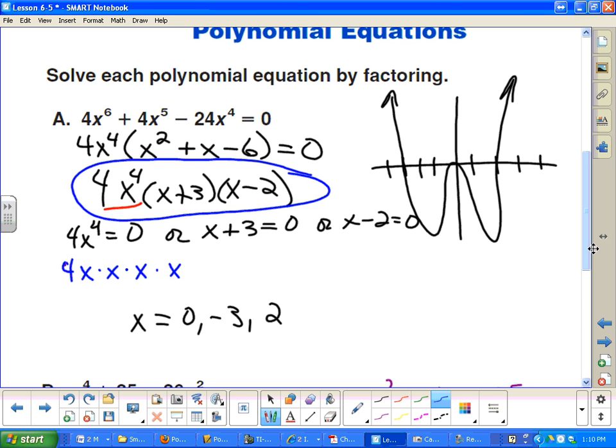Take your calculator and graph x to the fourth power. Now, other than it opens up instead of down, doesn't that look like just that part of that graph? Except it's upside down.